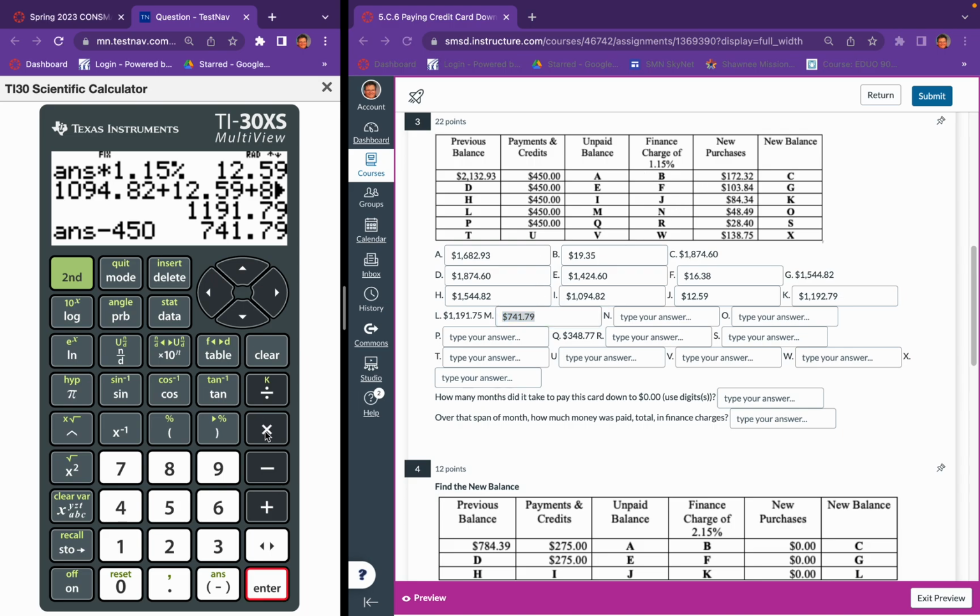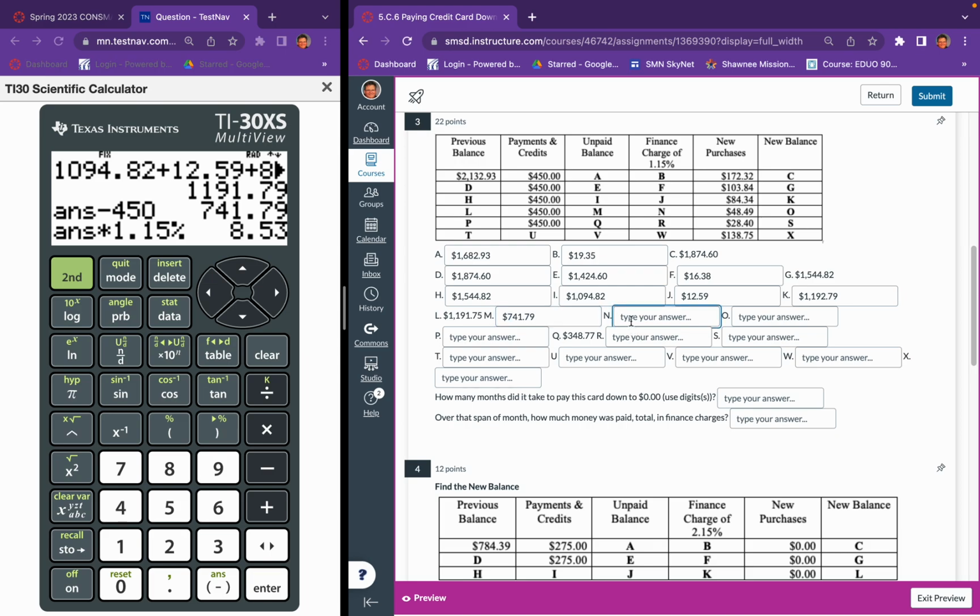So we are going to go times 1.15%. And that's going to be $8.53. $8.53 is what they're charging us for finance charge. We continue to put stuff on the card. Foolish.